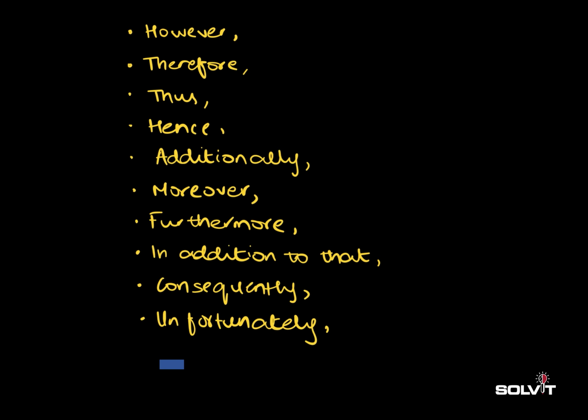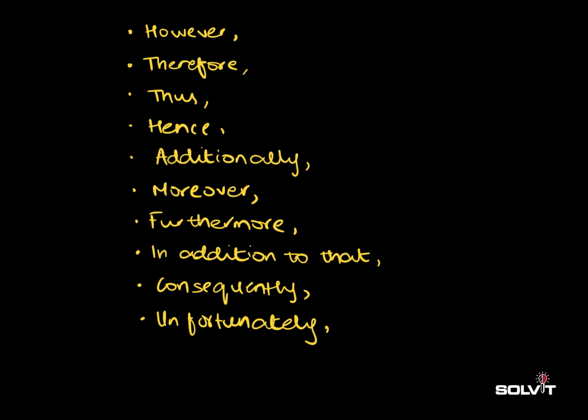Now, I just wanted to build on that. In case some of you didn't know, I just wanted to give you this extra information that these are a list of words. I'm sure there are many, many more such words that always have a comma after them. Okay, for example, however, therefore, thus, hence, additionally, moreover, furthermore, in addition to that, consequently, unfortunately.